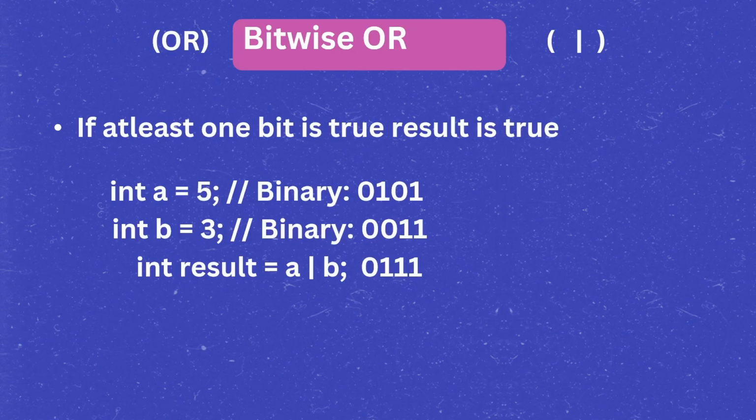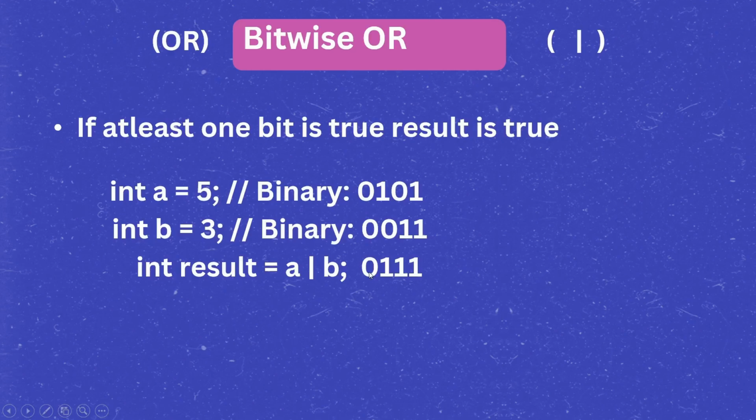We are applying A OR B. So if any one bit is true, the result is true. One bit is true, output is true. One bit is true, the output is true. One bit is true over here, the output is true, which is 1. Over here none of the bits are true, so the output is false.